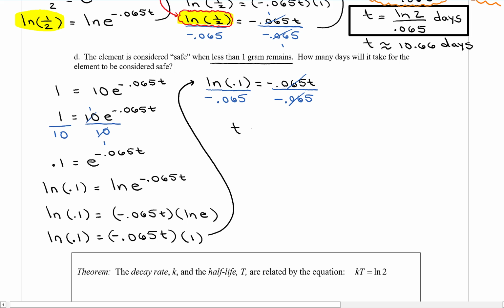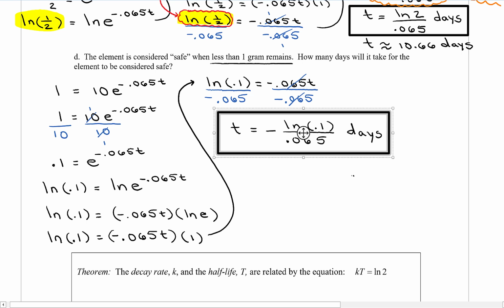So it will take this many days in order for this element to be considered safe. I'm going to box in this answer. T equals negative natural log of 1/10 divided by 0.065 days, or t is approximately equal to 35.42 days. So I would say it would take 35 days for this element to be considered safe.